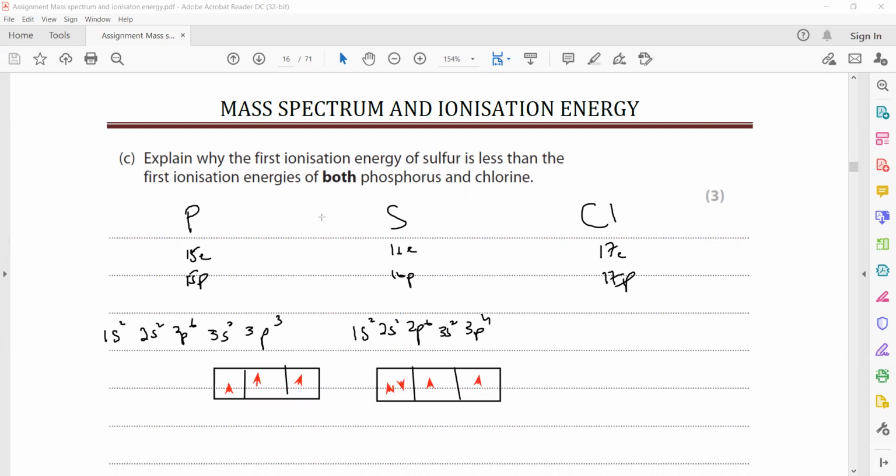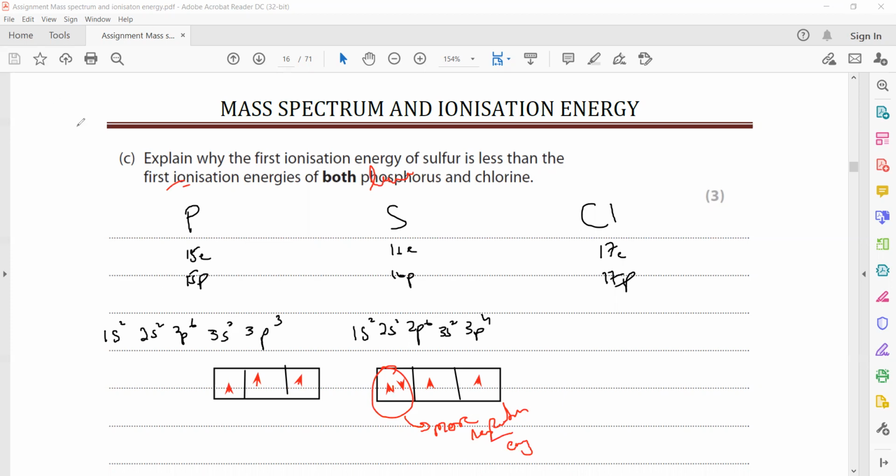So there is a pair of electrons, and this pair will have more repulsion. So it will be easy to remove an electron. That's why sulfur will have a lower ionization energy compared to that of phosphorus.